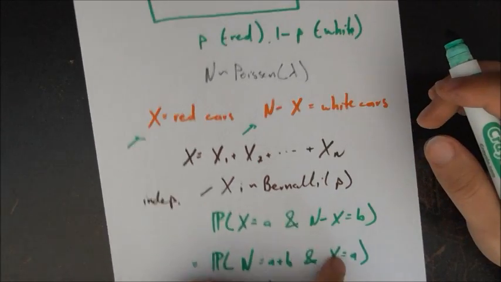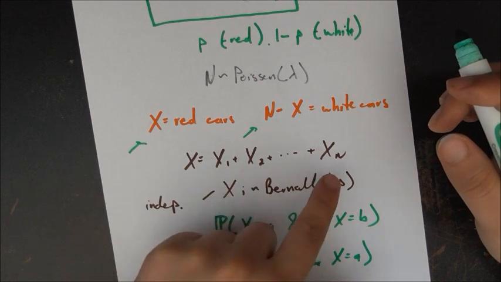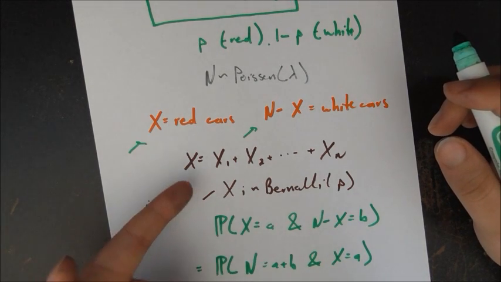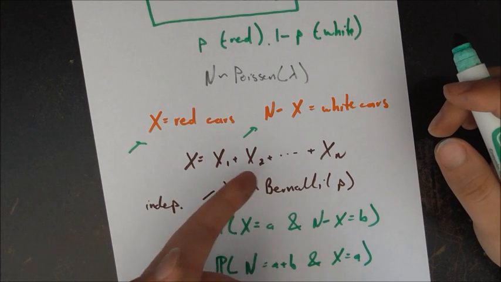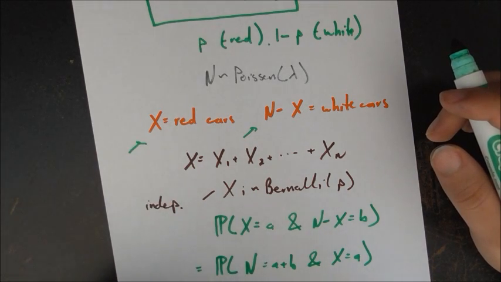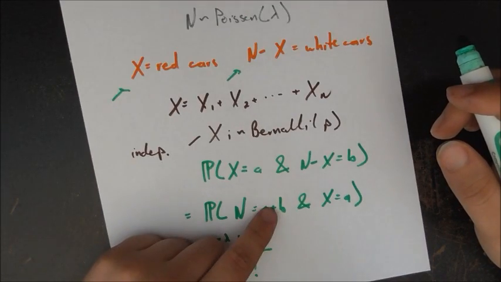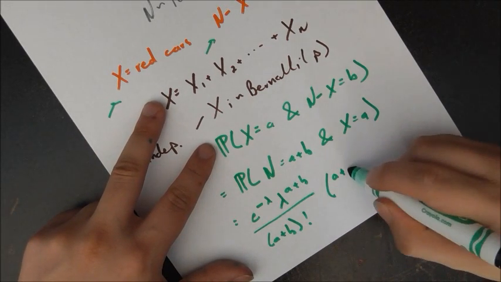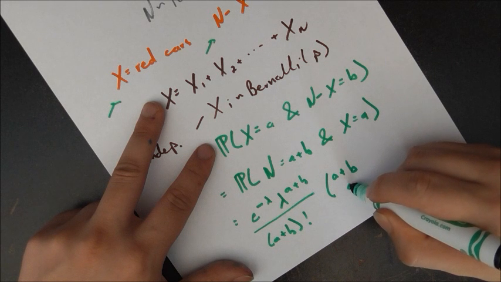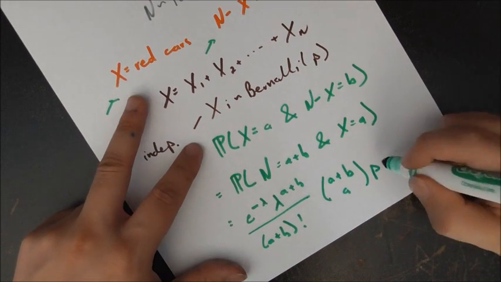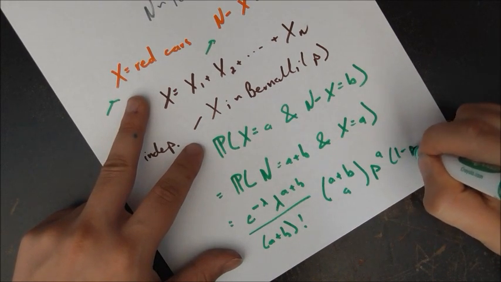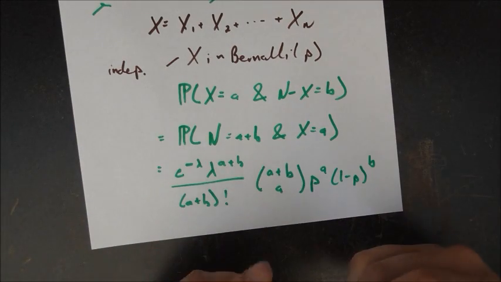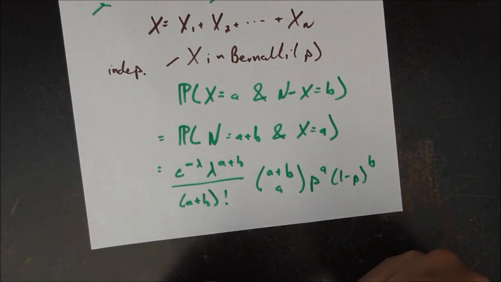Remember, x is the sum of these Bernoulli guys, so it's actually binomial, because the sum of independent Bernoullis is binomial. So if x is binomial, and the total number we're choosing from is a plus b, and we need to choose a, this is just using the binomial PMF. So we have a plus b choose a, p to the power of a, 1 minus p to the power of b. Okay, so this is our kind of nasty looking formula, but it's going to simplify very nicely.